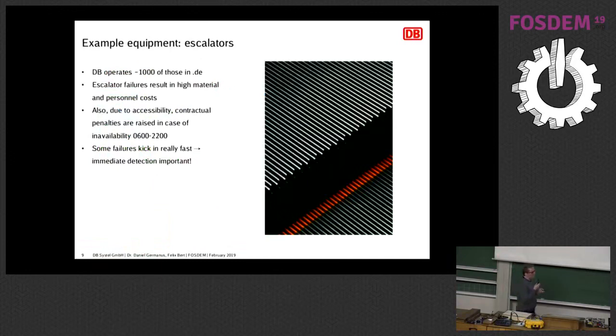Let's go into particular matters now. For 2 years now, we are recording data from escalators, and Deutsche Bahn operates about 1,000 of them in Germany. Failures in such escalators tend to become very costly pretty soon if you do not stop the machinery in time, since they wear off very quickly.